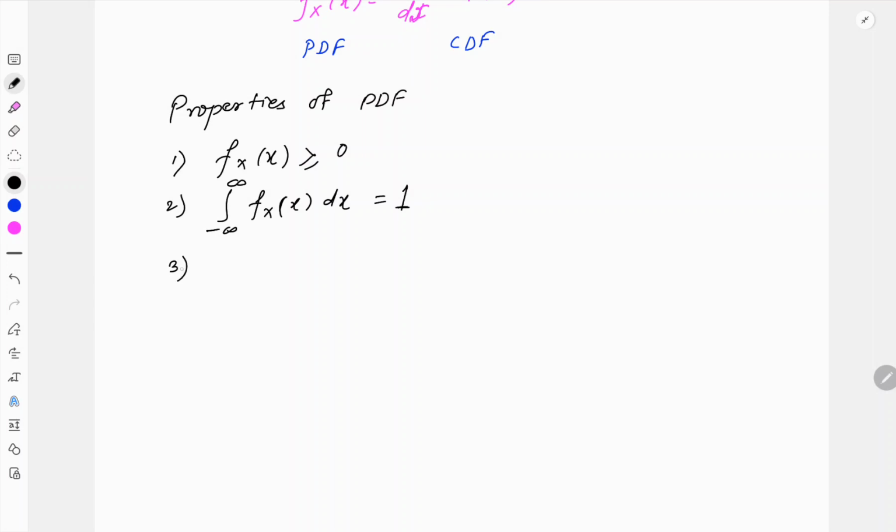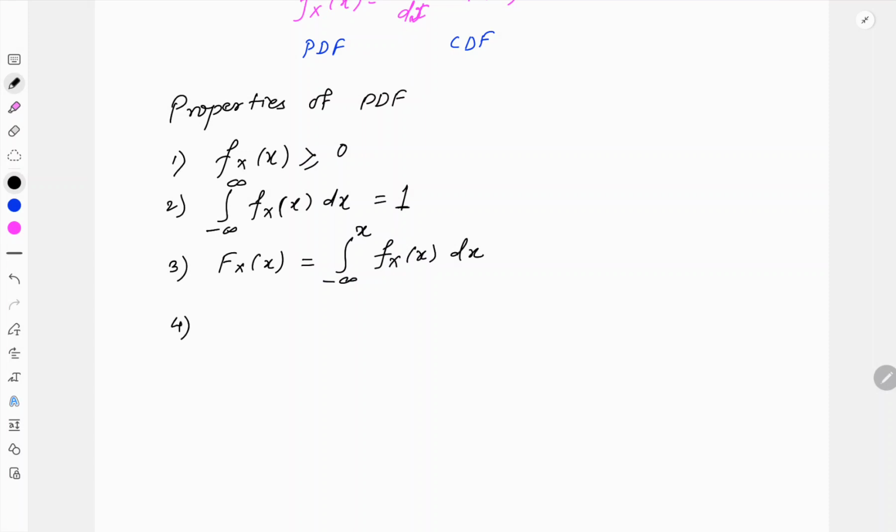Third property, to find out CDF, that is F_X(x), from PDF, we need to integrate this PDF from minus infinity to x, f_X(x) dx.